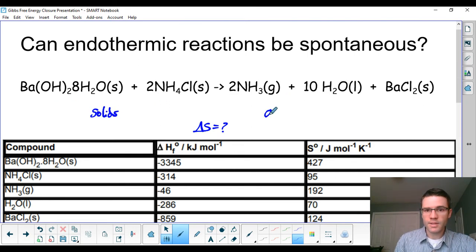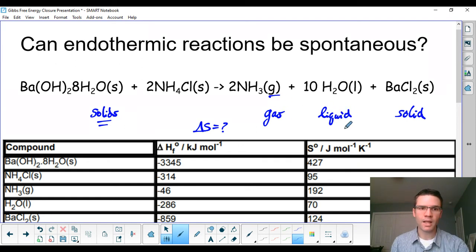And on this side, we have some gas, here's our gas, and a liquid and solid. So just looking at states of matter, we're going from the most organized state to the least organized state and a little bit of our in-between, our liquid state. So we're getting less organized in terms of states of matter.